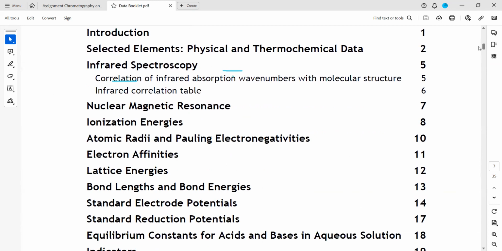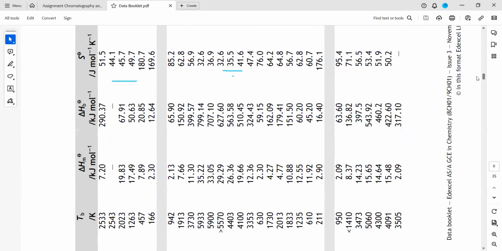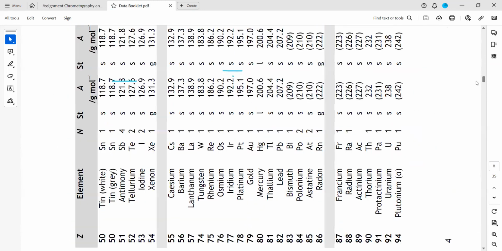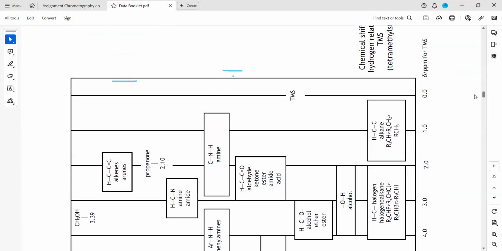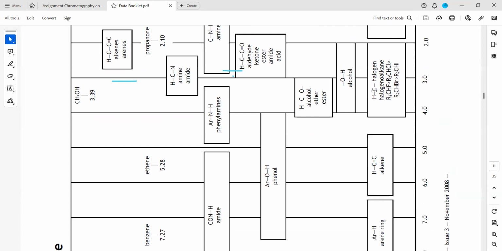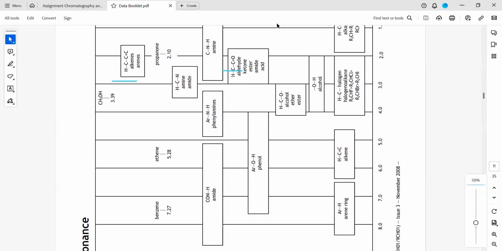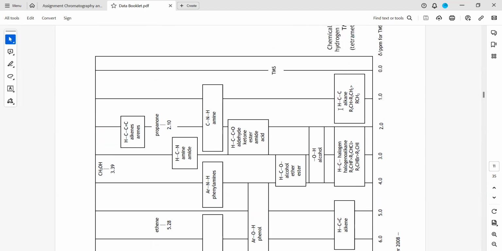Nuclear magnetic resonance, page 7. I'll just zoom out. So according to the data booklet, what should be there around 2.3? 2.3 will be somewhere here.